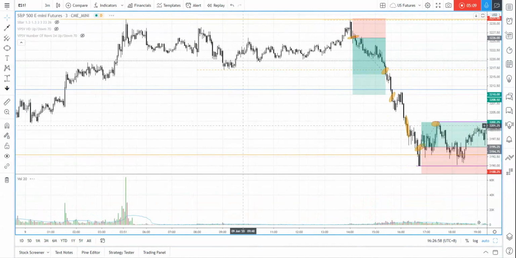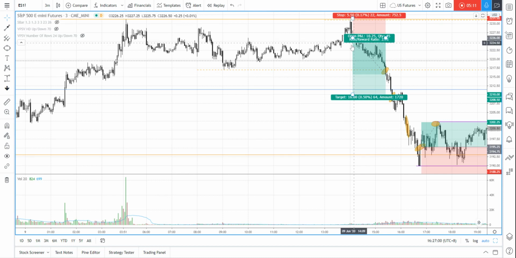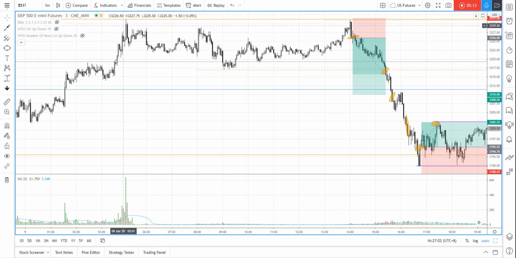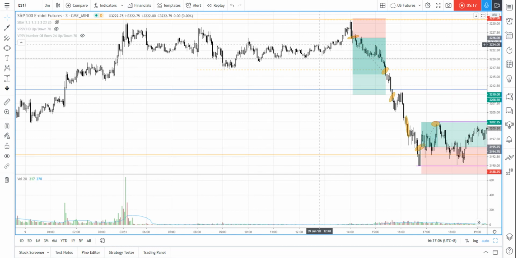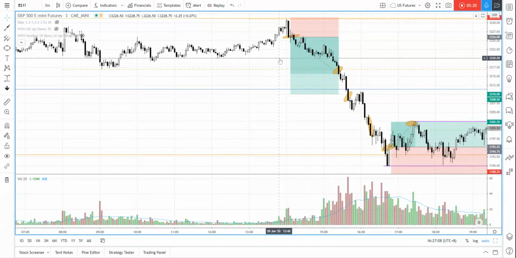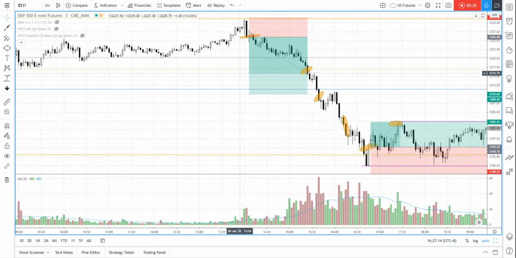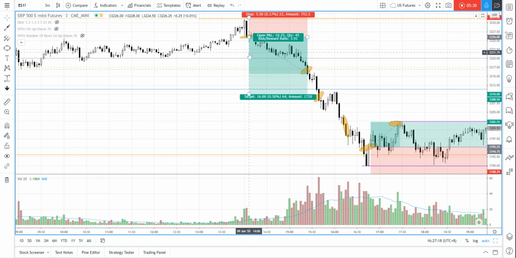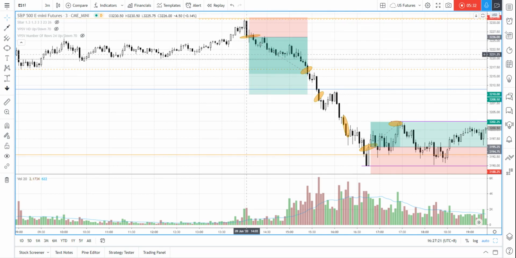You can see that prior to the short entry, we typically just formed a range here, and we had a last push to test the swing high at 3230 here. So you can see the volume picking up, followed by a reversal bar here, and also with a high level of supply.